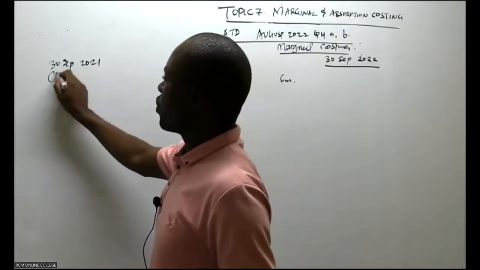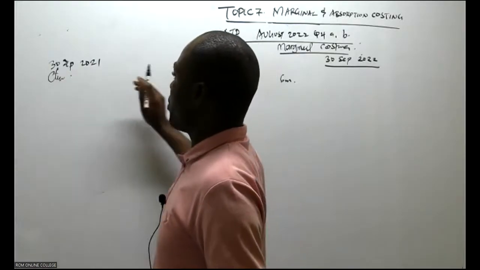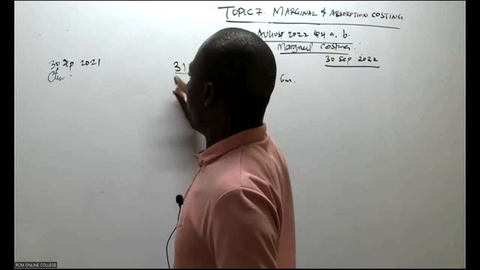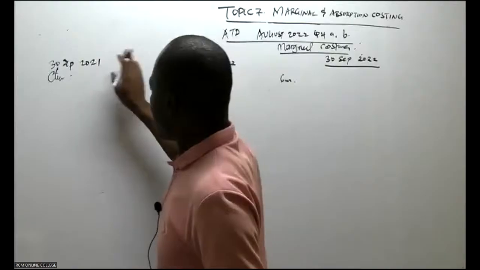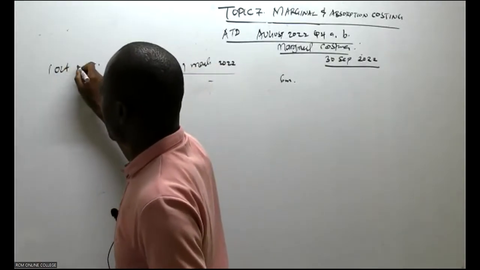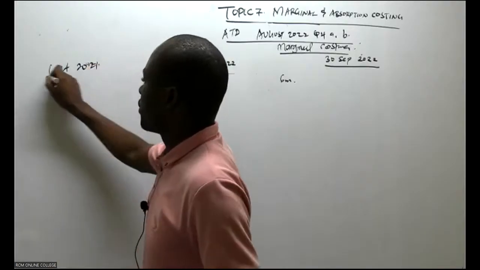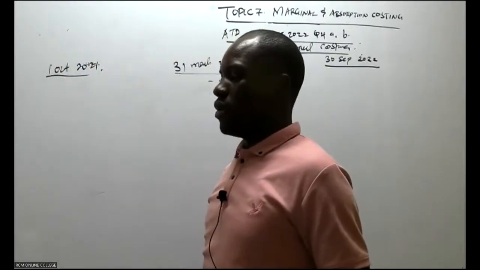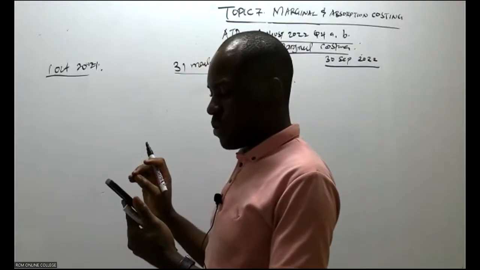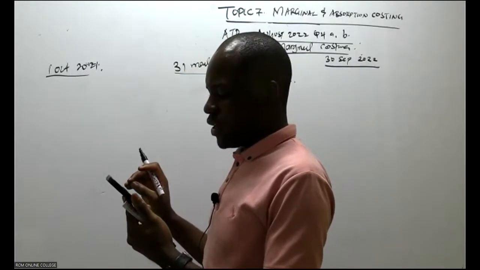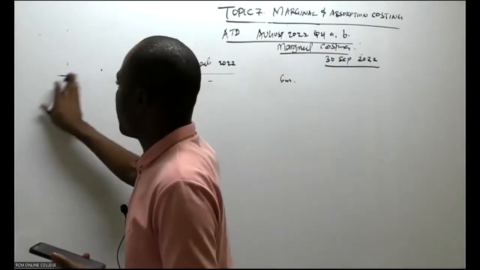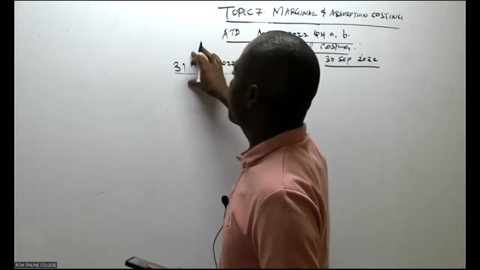So the closing of this date is the opening of the next day. Now, if this is the end of the period, the starting part of the period is supposed to be 1st of October 2021. Here, there was no opening inventory. There were no units of finished goods inventory as at first. So there is no opening inventory for the first 6 months.